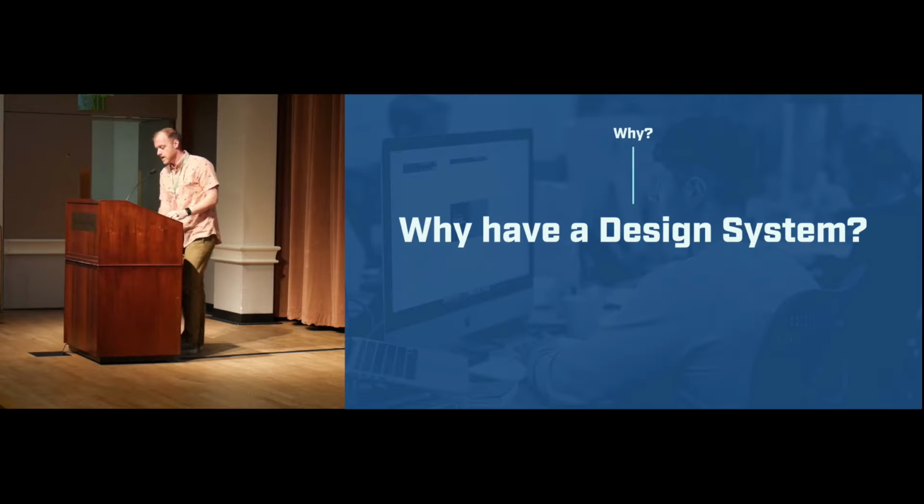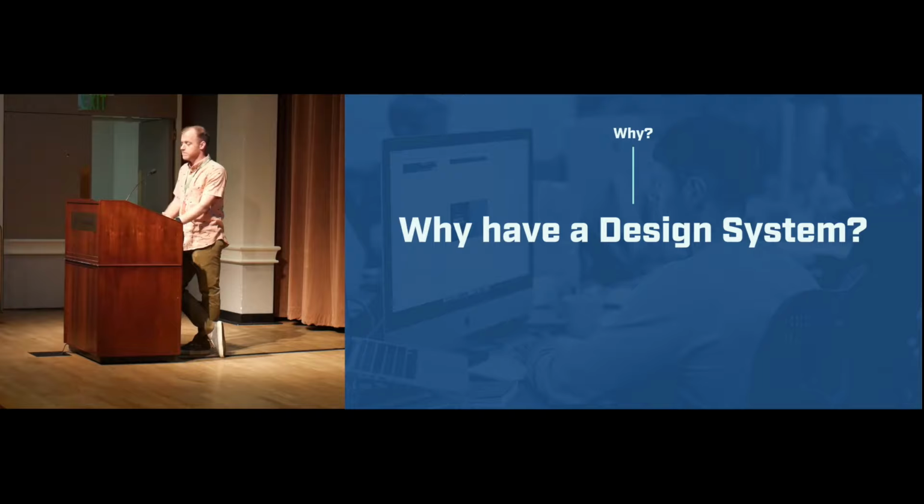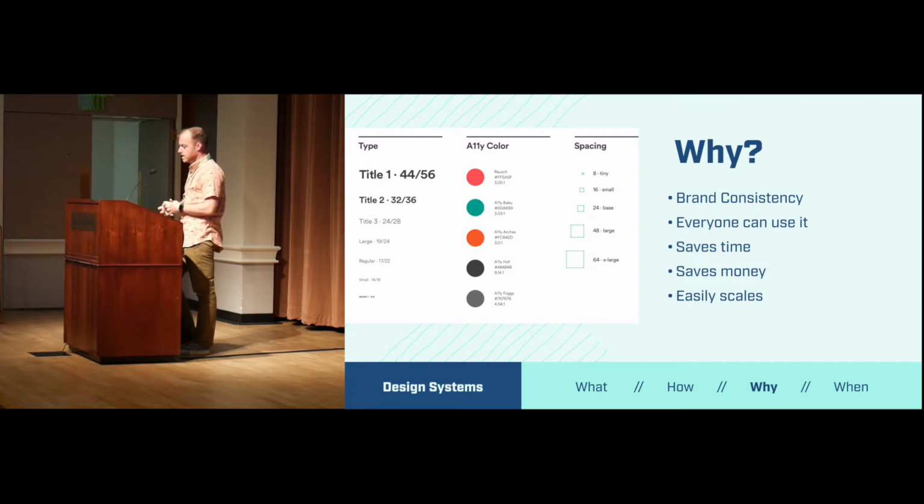All right, so now the next question is probably the easiest, at least for people in this audience to understand. But why have a design system? So like I said, the easiest one and the number one reason to develop a design system is brand consistency, which, I think it's still a buzzword, but it's extremely important.